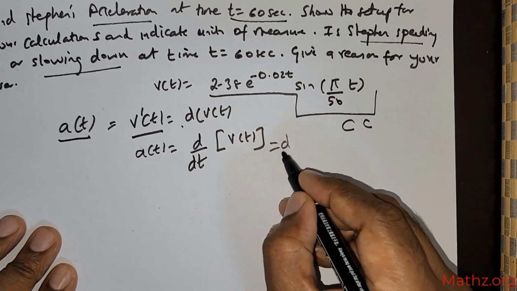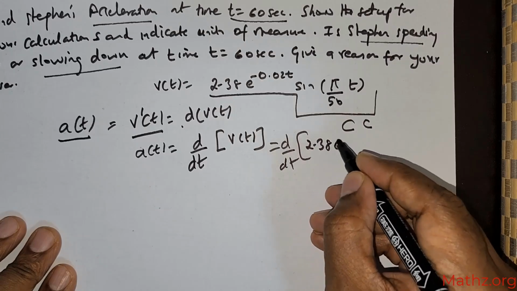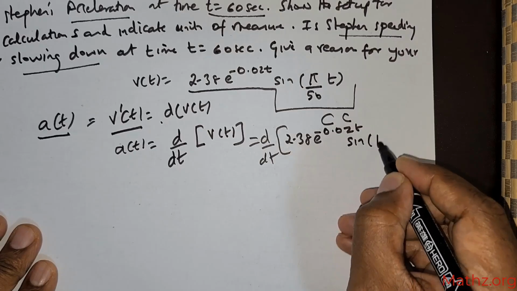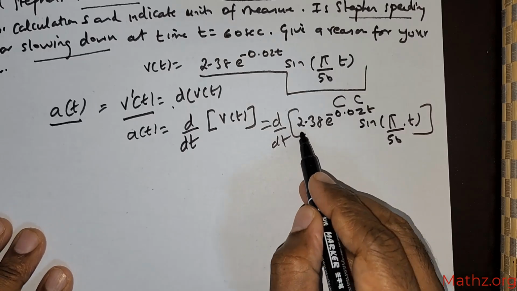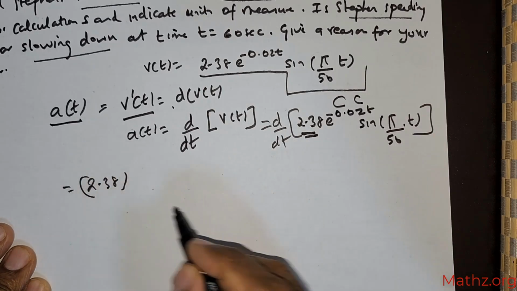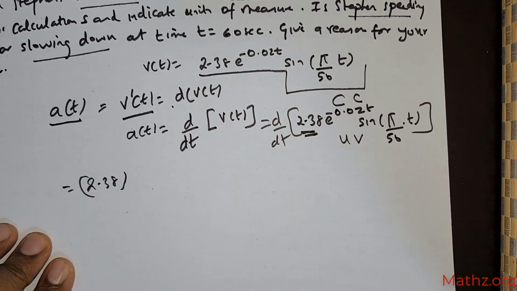Now this is nothing but d over dt of my velocity, 2.38 e raised to the power of negative 0.02 times t times sine of pi over 56 times t. Now this is a constant, you take that out, the 2.38 goes out, but this has to be differentiated using the u times v formula.